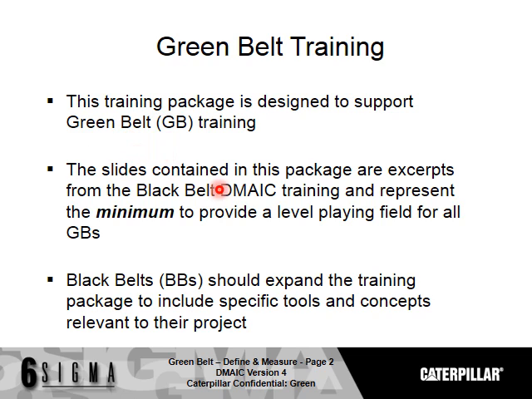The slides contained in this package are excerpts from black belt and DMAIC training and represent the minimum to improve the level playing field for all the green belts. Black belts should expand on the training package to include specific tools and concepts relevant to this project.